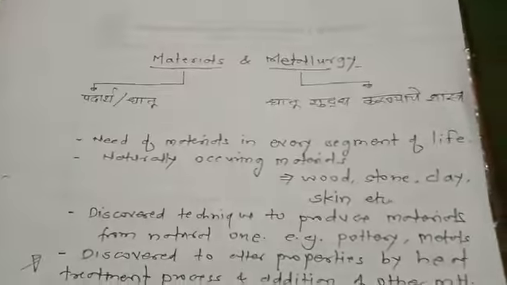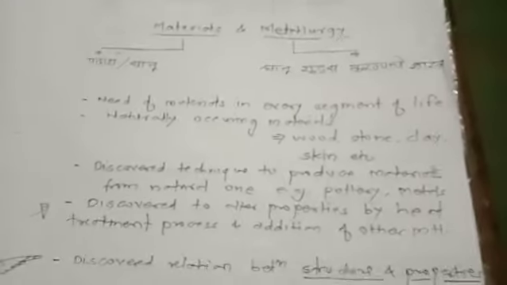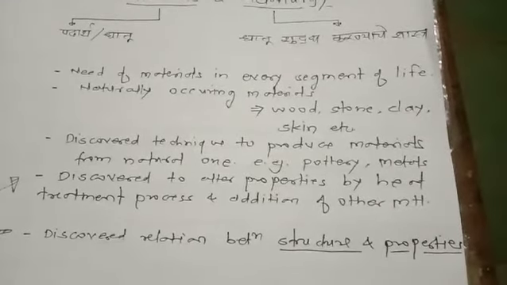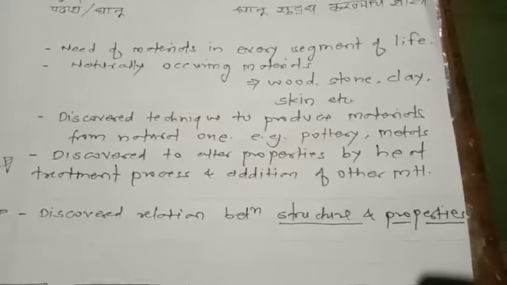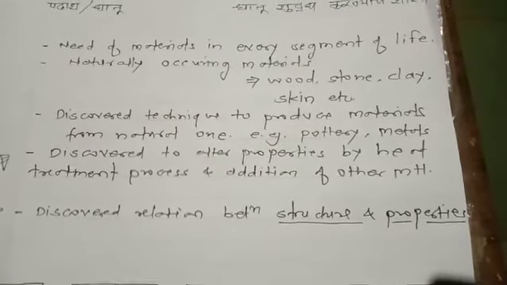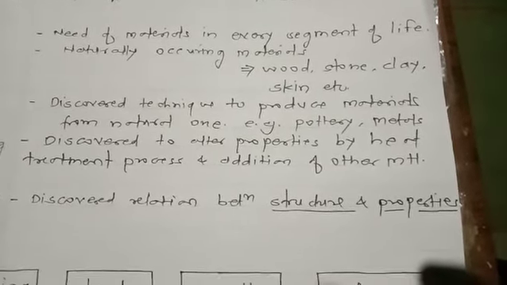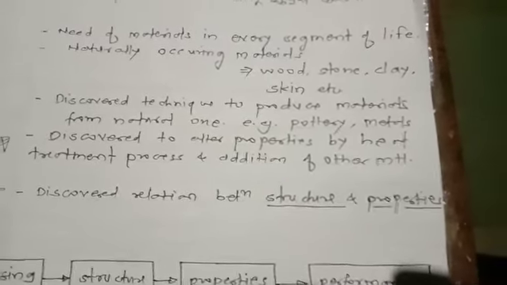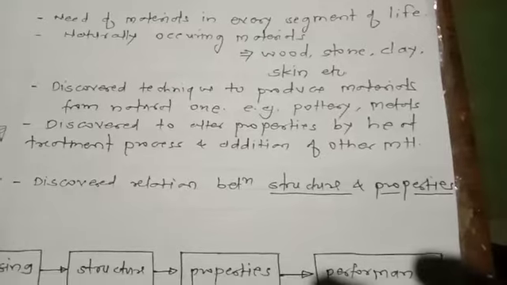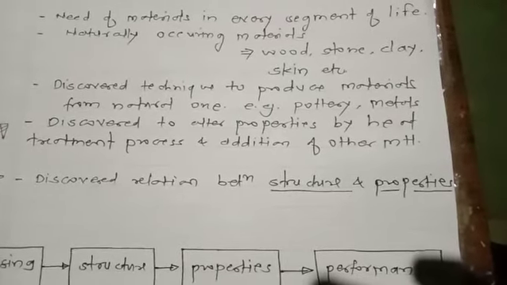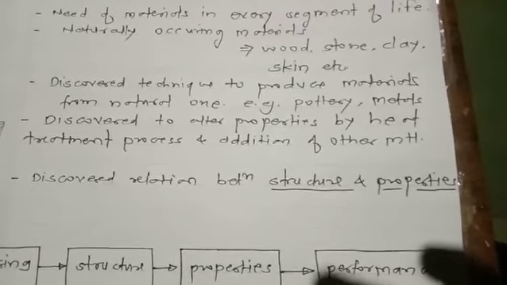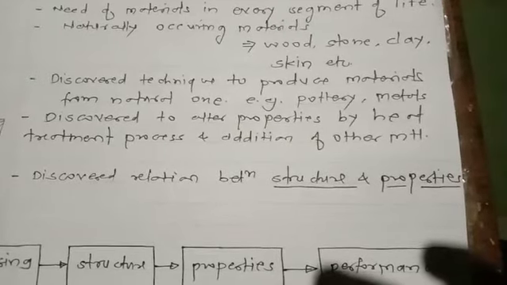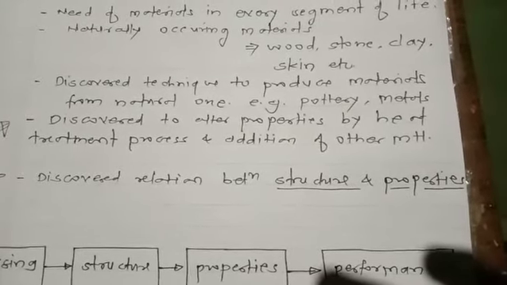First, in material metallurgy, we saw that material was applied in every segment. Initially there was naturally obtained material, then as time passed, there was a change in techniques. Then techniques came to produce different materials. Then the important thing is how to alter the properties of different materials by heat treatment processes or addition of other elements.